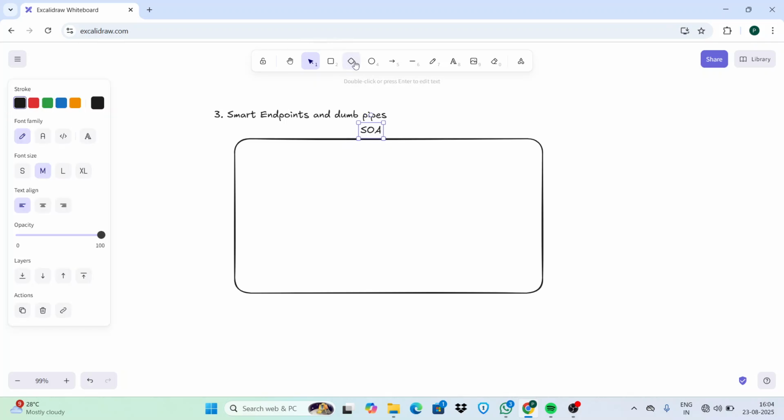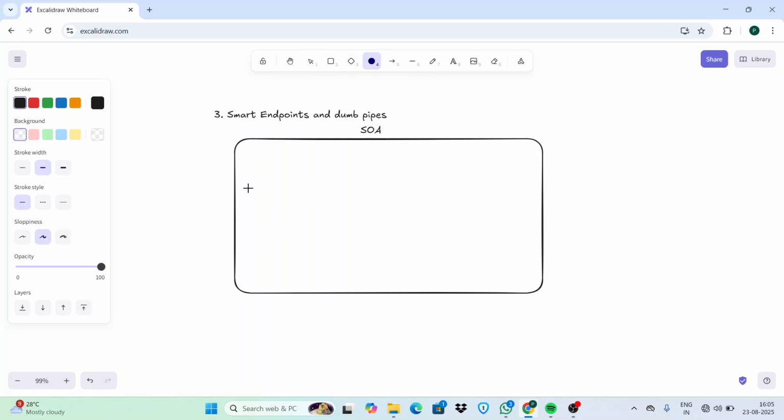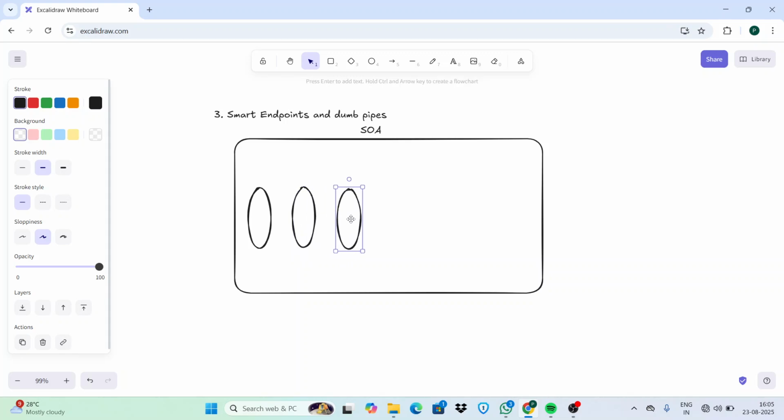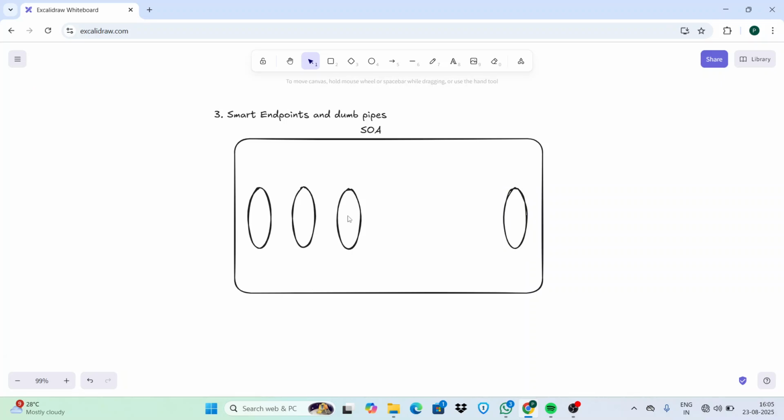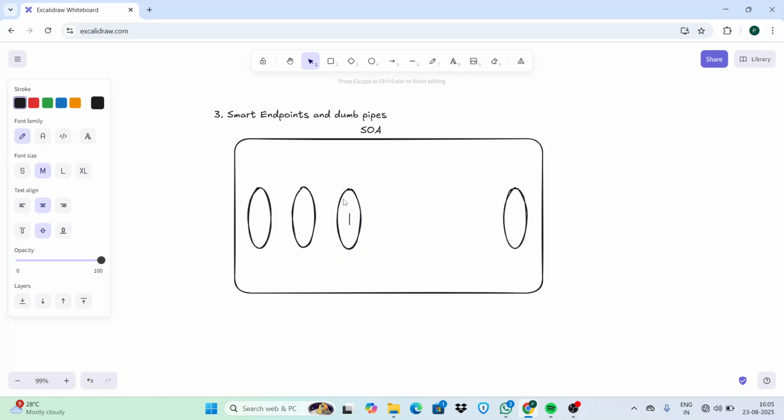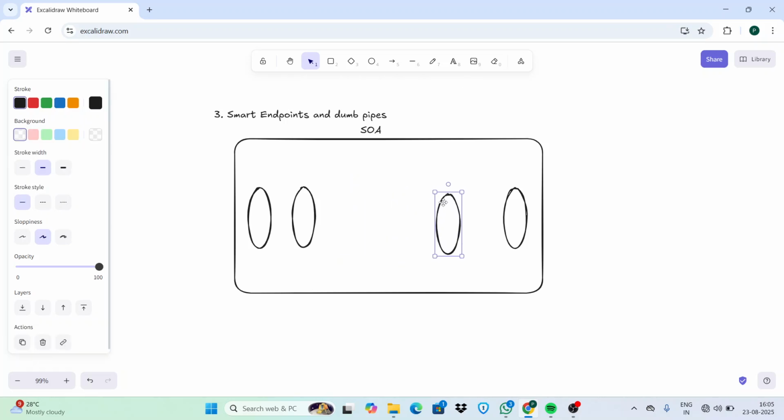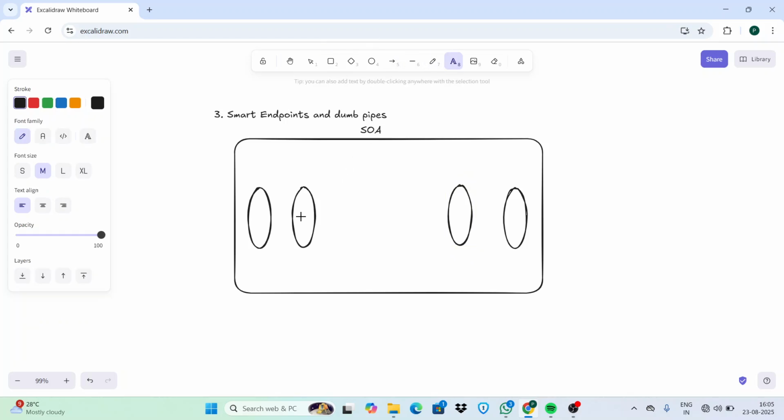So in service oriented architecture, as we know, the big program is divided into a number of modules. So how do they communicate with each other? For example, consider this is library 1 or module 1, and this is library 2 or module 2.